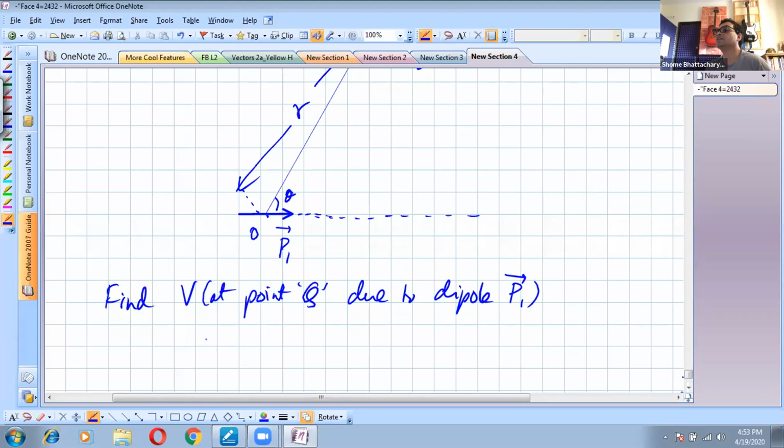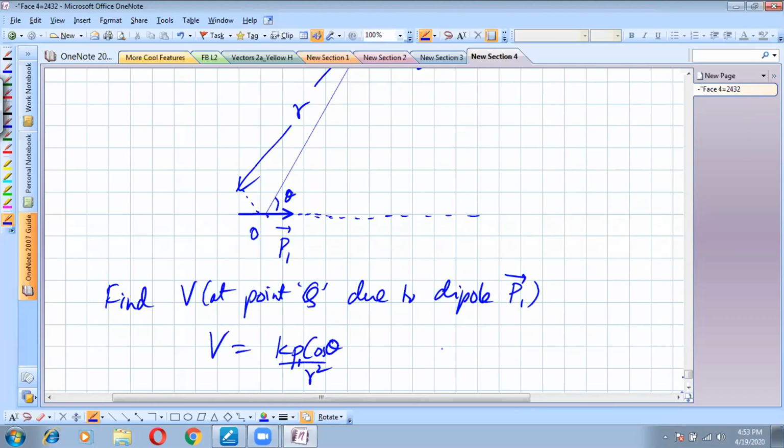The potential due to a dipole is given by K P cos theta divided by r square. So in this case, this P is P1. You are familiar with this formula, people? The general value of potential due to a dipole at an arbitrary point r, theta.